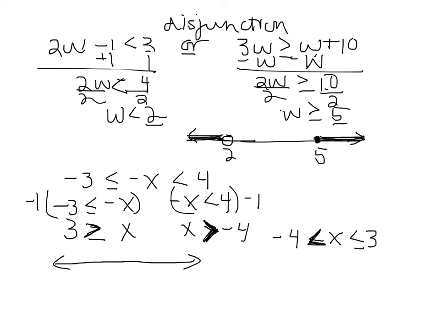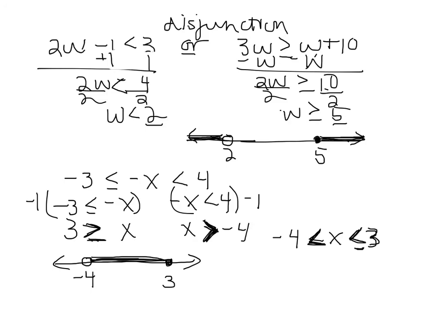Here the point is pointing toward x, so it still has to point toward x here. The moral of this story is don't forget about your signs. There's an open dot at negative 4, a closed dot at 3, and this is all of the numbers in between. It is a conjunction.